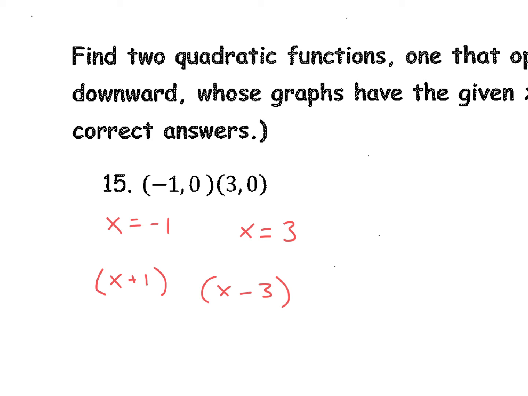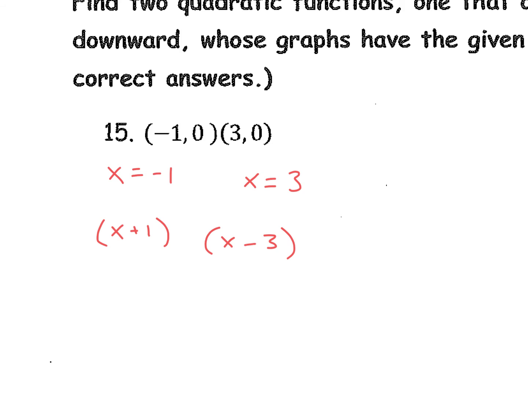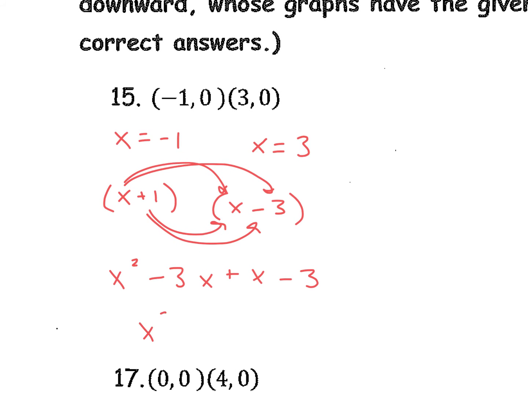All right. And then from here, you would just FOIL it out. So multiply the first ones, x squared, the outsides minus 3x, the insides plus x, and then the last. So x squared minus 2x minus 3.